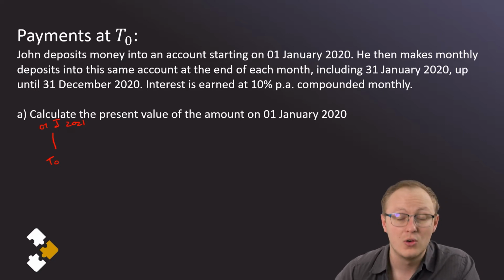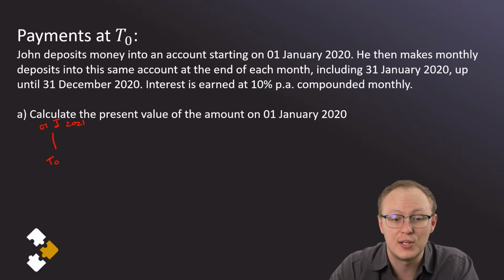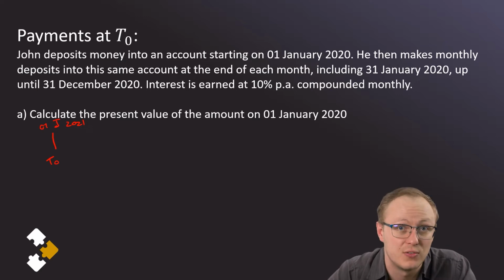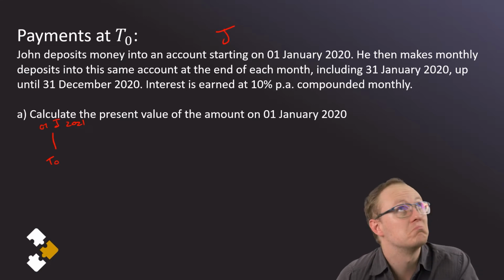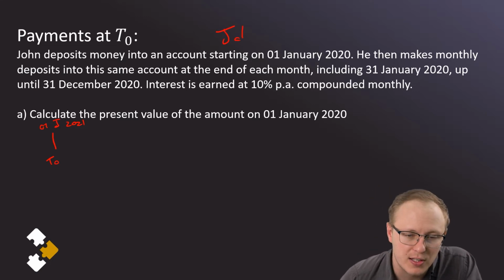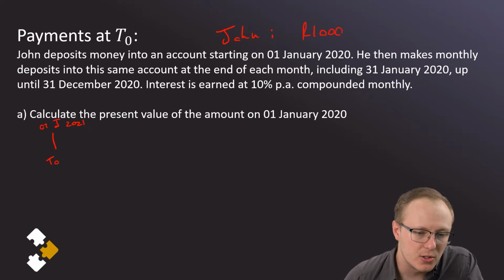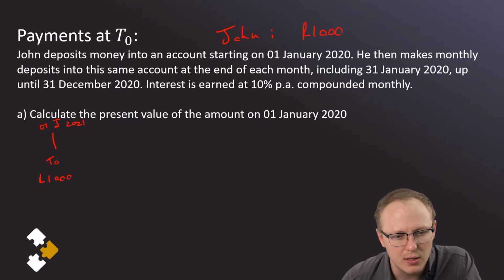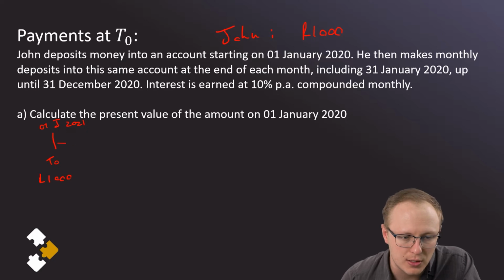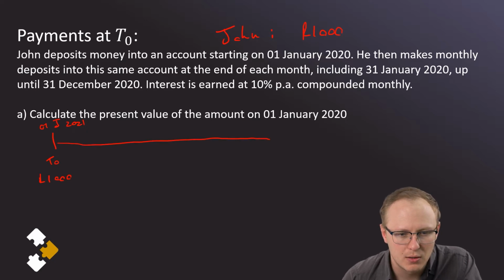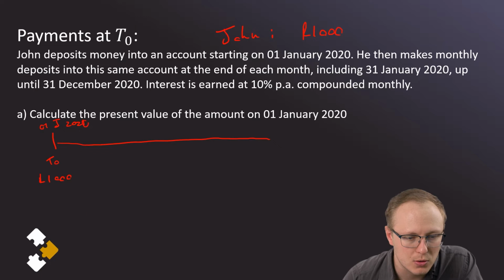Now, what's very important is that we know how much money John puts into the account. And whoever the brilliant person is who made these slides didn't put that there. So let's say that he puts 1,000 Rand into the account each and every month. So at T nought, he puts in that 1,000 Rand. And then we know that this goes on until 31 December 2020. I put 2021 here, it's got to be 2020.